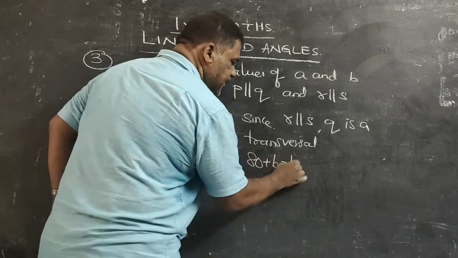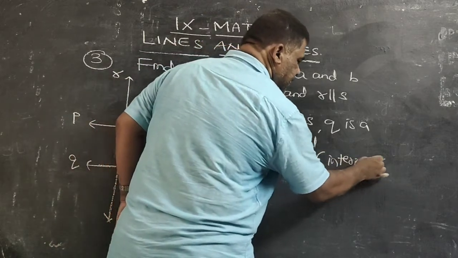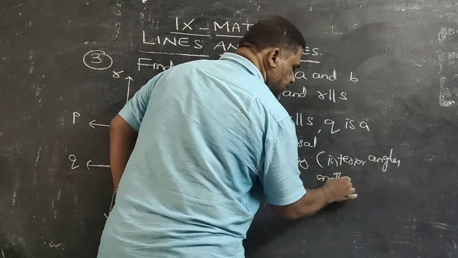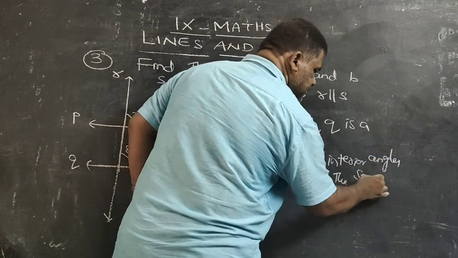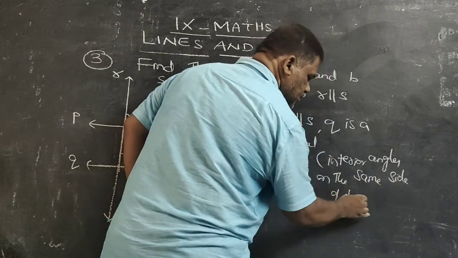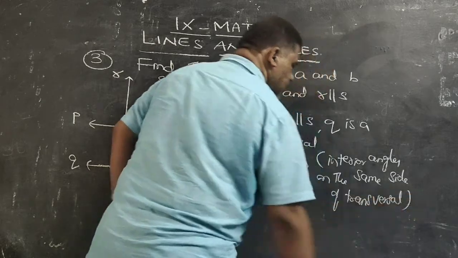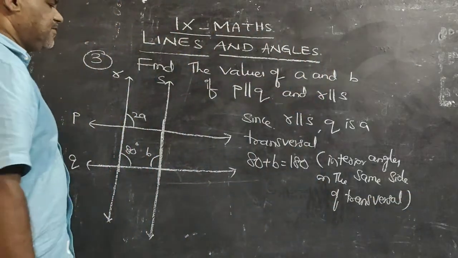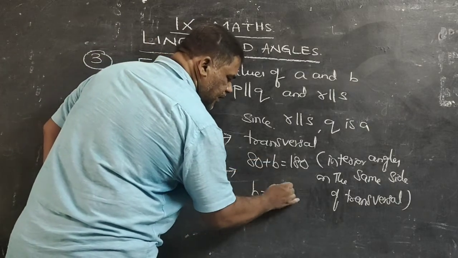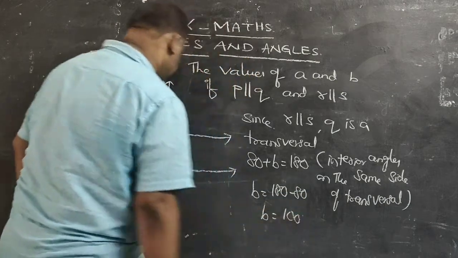Their sum is 180 degrees. So interior angles on the same side of the transversal are supplementary. So then you will get B is equal to 180 minus 80. So the B value is 100 degrees.